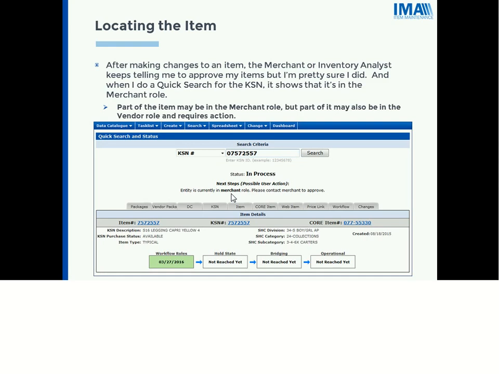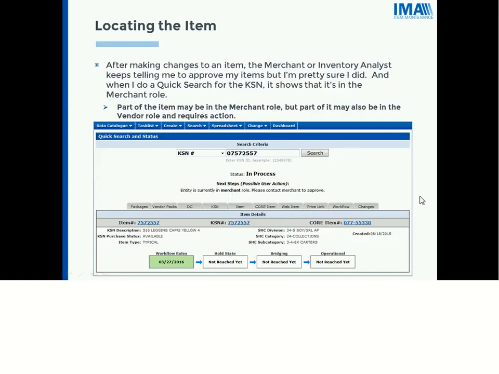The issue is that part of the item might be in the merchant role, but part of it could also be in the vendor role and requires action by you. So you always want to drill down into your item more just to make sure, because your buyer may be thinking that you have to do something on it, but that may not be the case. You may actually have something that you do need to complete on that item.